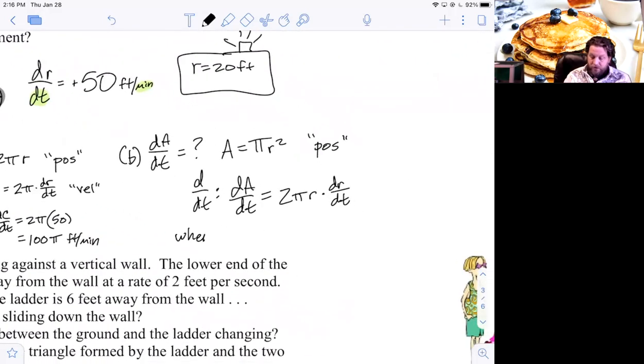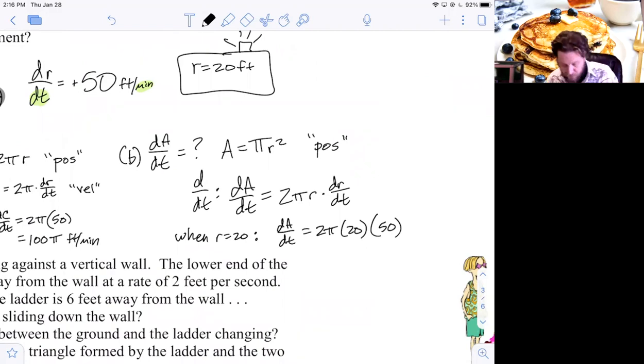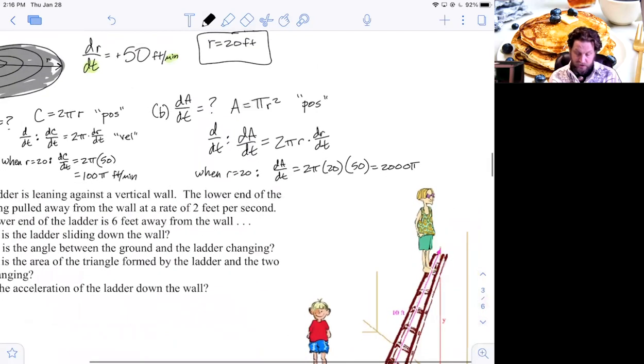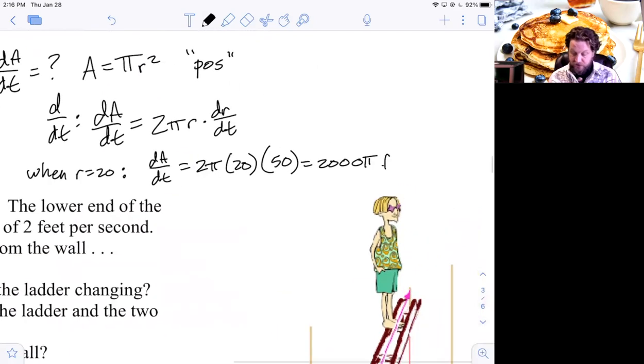So now we'll plug in when r equals 20: dA/dt is 2 pi times 20 times 50. So that comes out to 2,000 pi square feet per minute, feet squared per minute. So again, that's the numeric answer.